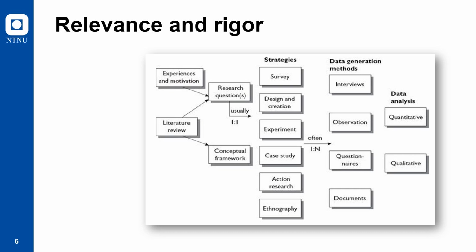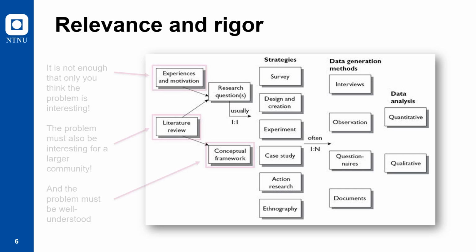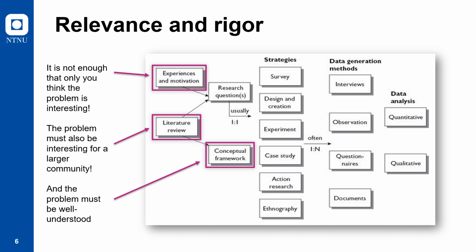This figure shows Oates et al.'s research design framework we presented in an earlier video. What we have just discussed related to practical problems relates to the three leftmost buttons in the figure. Your first goal when designing a research study is to arrive at good research questions, which will then guide the choice of strategy and data generation and analysis methods.